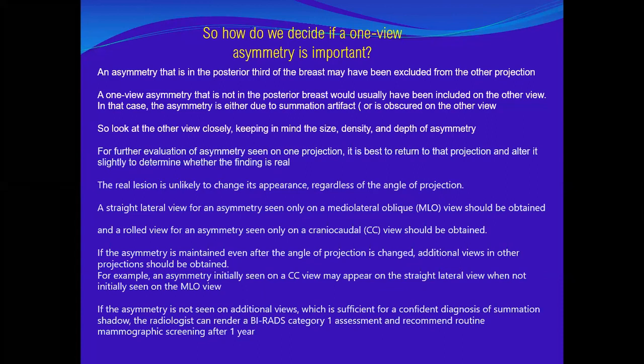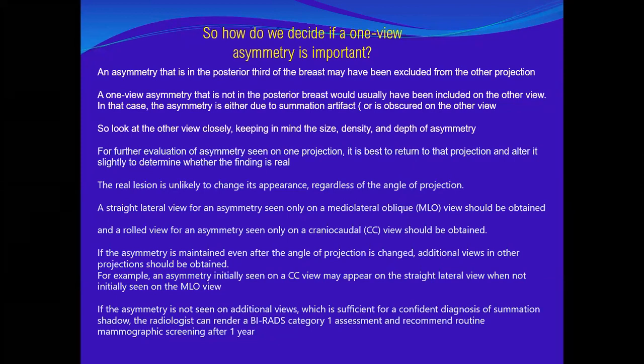When we could not see the asymmetry, we do other views if we have seen it in one view, and do the rolling view. If the asymmetry is in the superior aspect, when we do medial and lateral and the density is moving, that means it is real. It's moving lateral, moving medial. If it is not moving, if it disappears, it might not be real. If it's central, it will not move, but will be static.